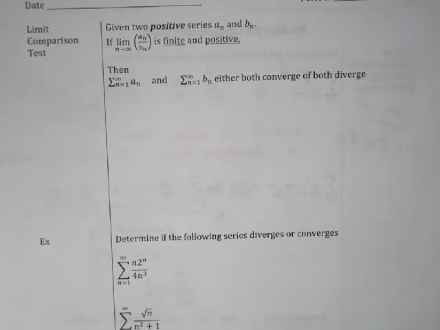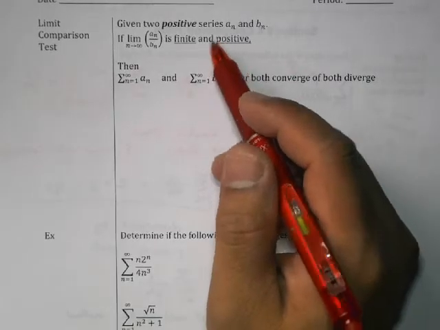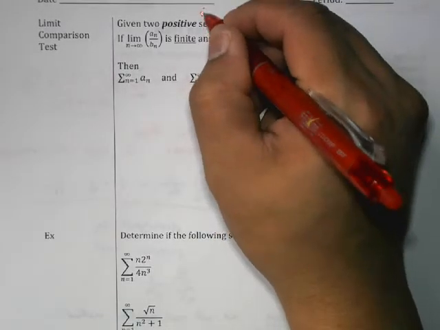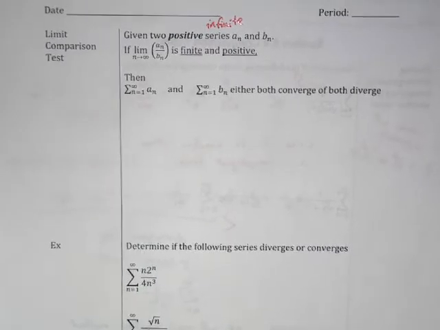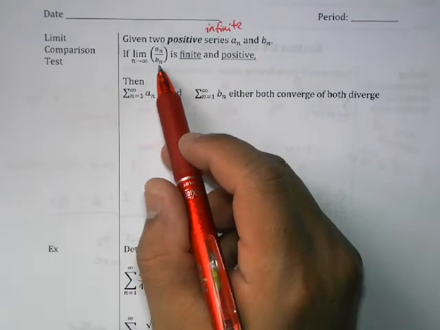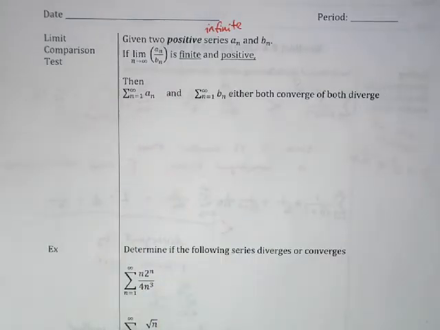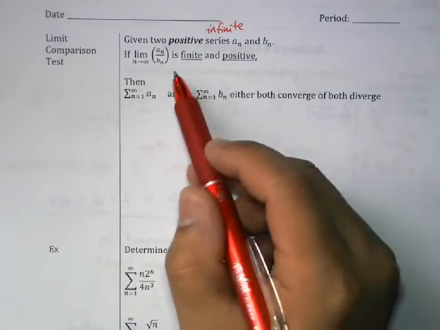Because this is what's called the limit comparison test. It says, let's say you have two positive infinite series. In general, in these lessons we're talking about infinite series, a sub n and b sub n. If the limit of the ratio of the two of them is finite and positive, so it can't be 0.